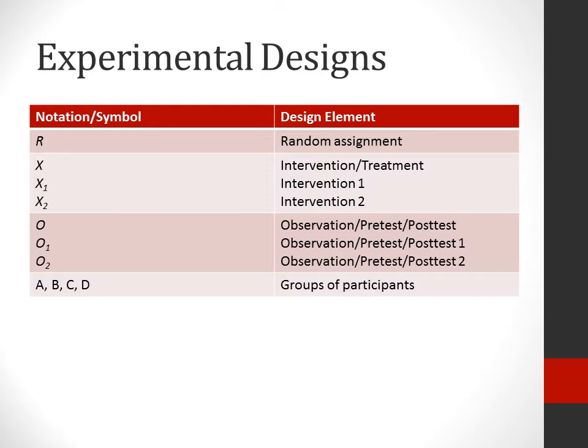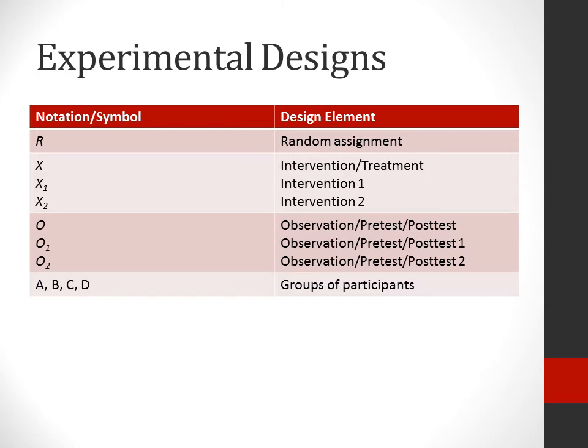Here is a chart I wanted to share with you that shows specific notations and symbols and how they relate to certain design elements in research. You'll probably see these in articles or in textbooks and even in this presentation later on. The notation R stands for random assignment, so that means our participants are randomly assigned.